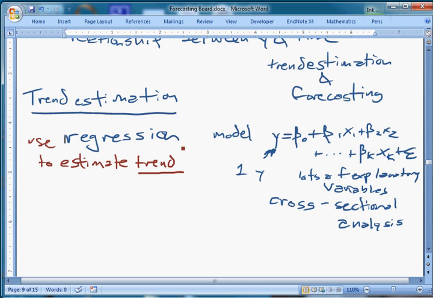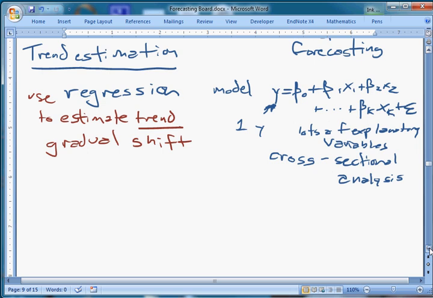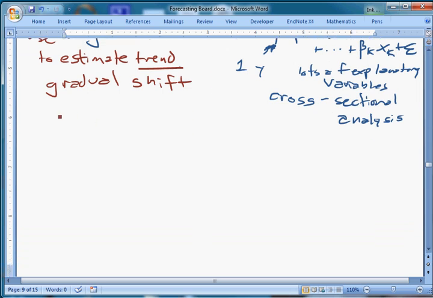There's also seasonality, irregular relationships, which is just random noise, and cyclical relationships. But trend is a gradual shift in the value of a variable over time, and so that's what we're going to look at.